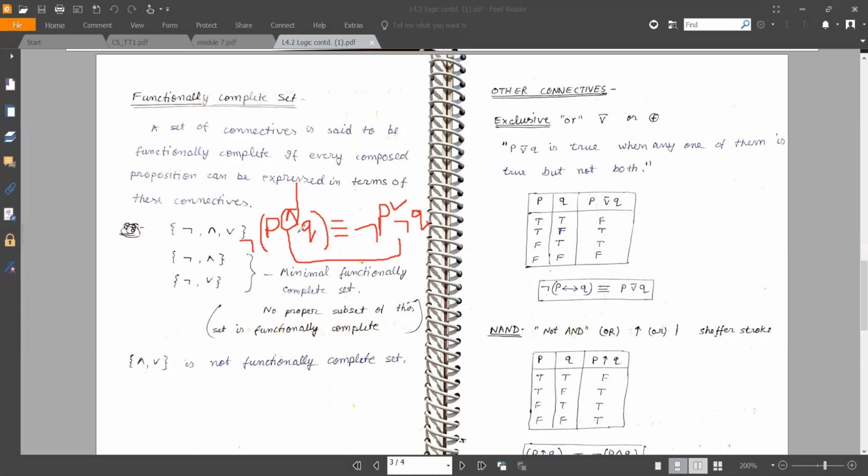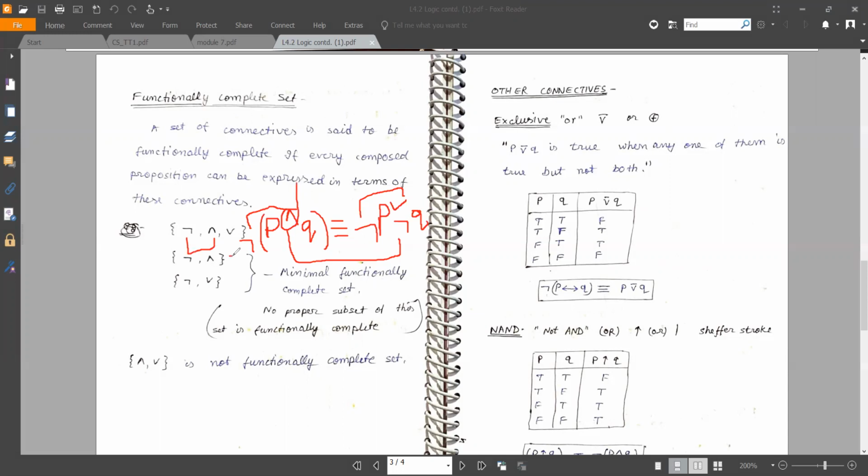So we can simply see that we can use either conjunction with a negation or disjunction with a negation to prepare any expression, or simply say any premises, because these are interchangeable. Conjunction with a negation can be replaced with a disjunction and a negation.